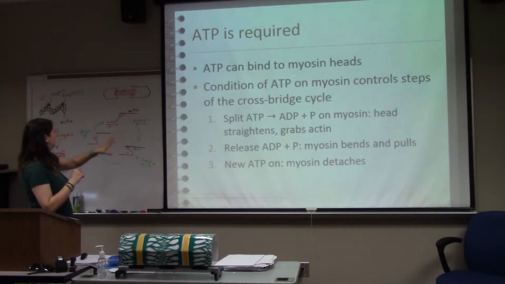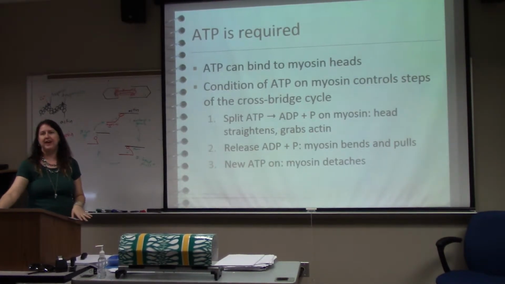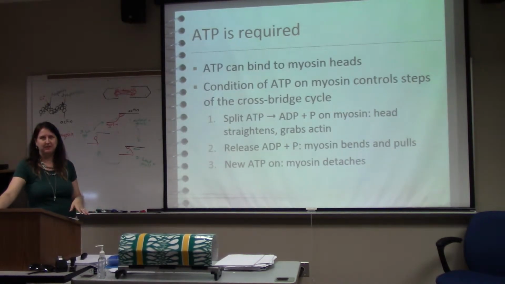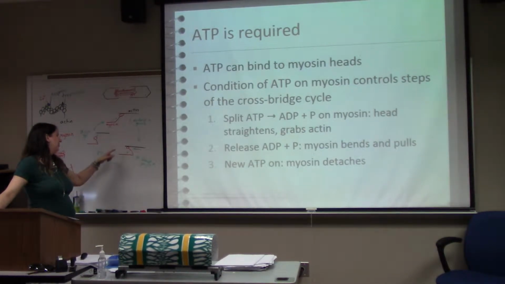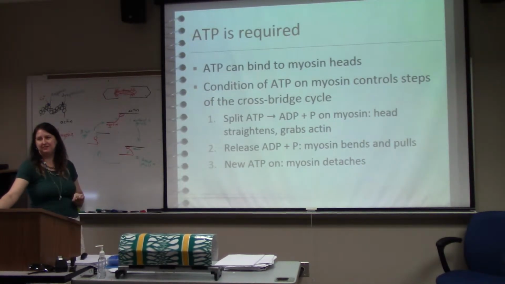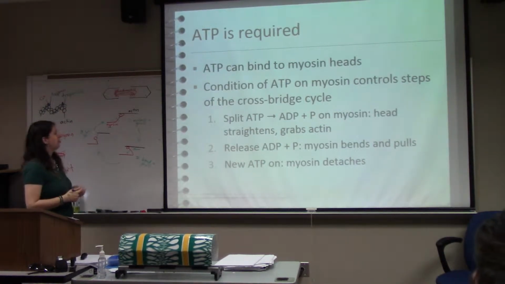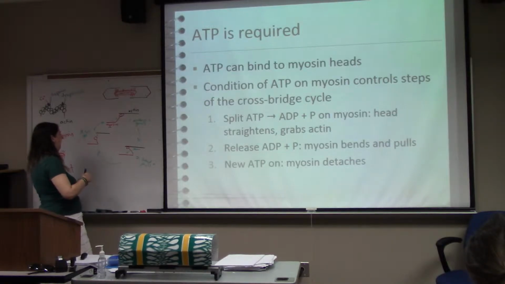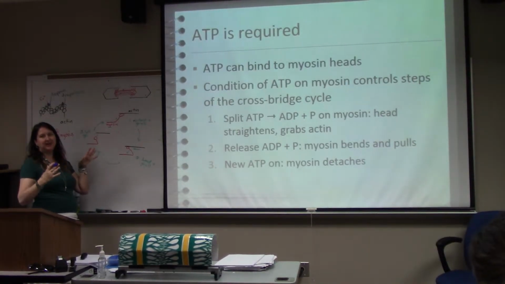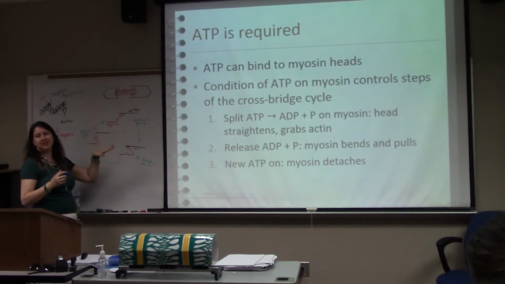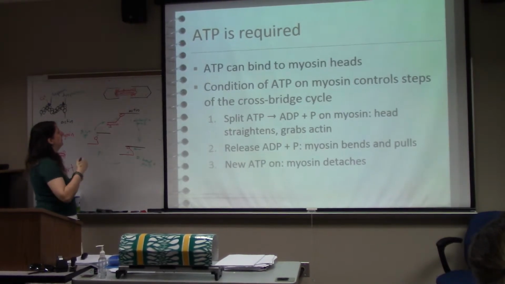So that's what the myosin is doing. We're going to add one more element to this, which is ATP, because you need energy to contract the muscle. What you need it for is to change the position of the myosin. The myosin already has an ATP on it when it reaches out to grab the actin.